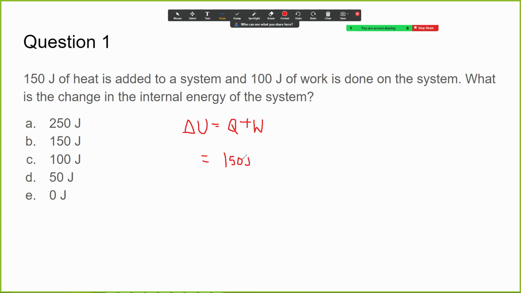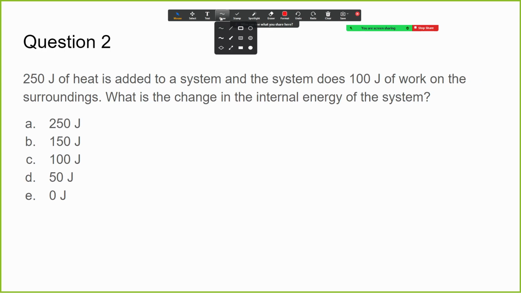This is 100 joules of work that is done on the system, so that means that it is positive work. So plus 100 joules, so the total change in internal energy is 250 joules.